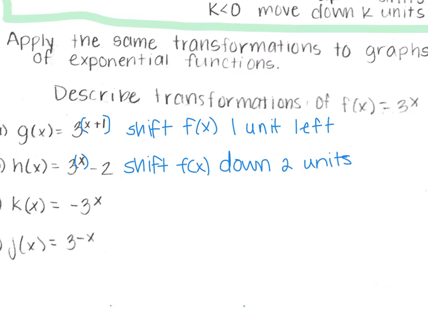k of x is -3 to the x power. Notice here that your x is still positive. This is going to reflect, because your negative's out in the front. Okay, this is going to reflect f of x over the x-axis.